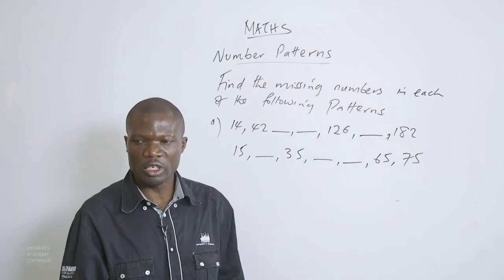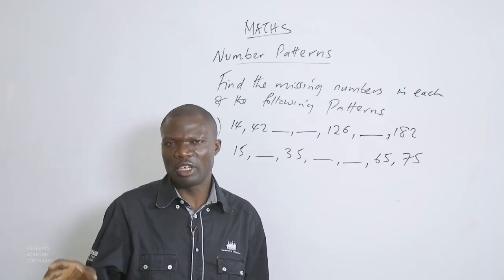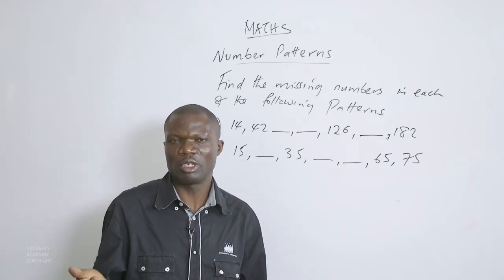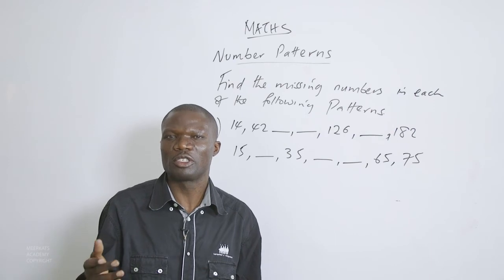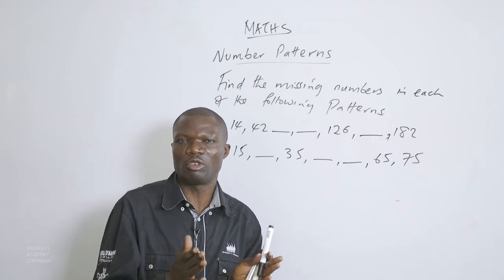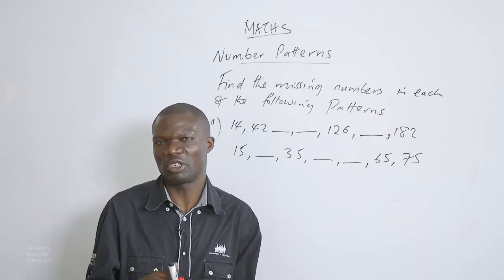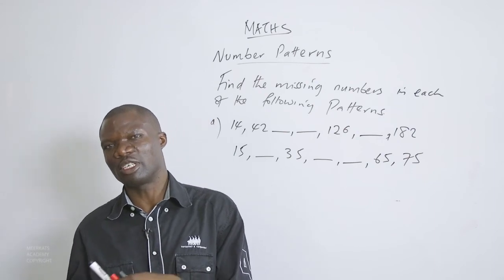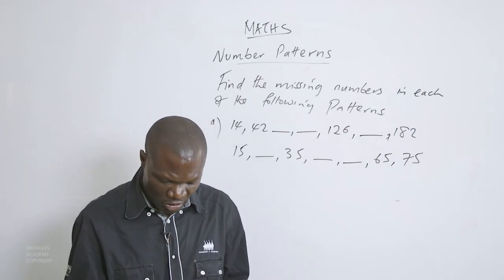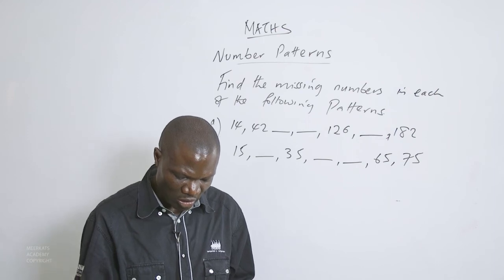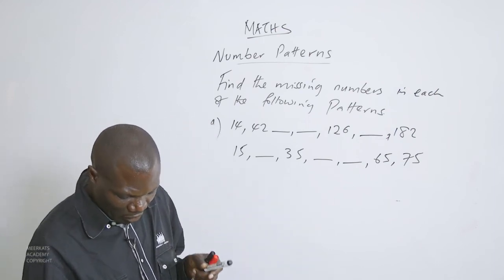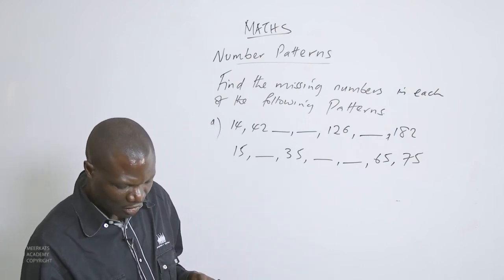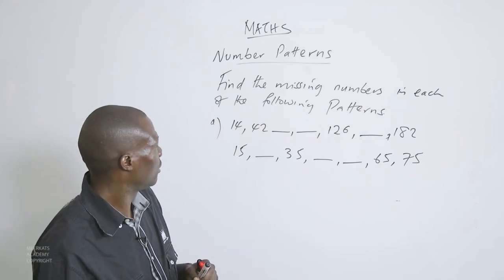So we want to look at this. When we are asked to fill in, it's an open question. So it means that you are not going to say this one is focusing on common ratio, this one is focusing on common difference or interlinked pattern. It is our duty to find a better way of approaching such a question.